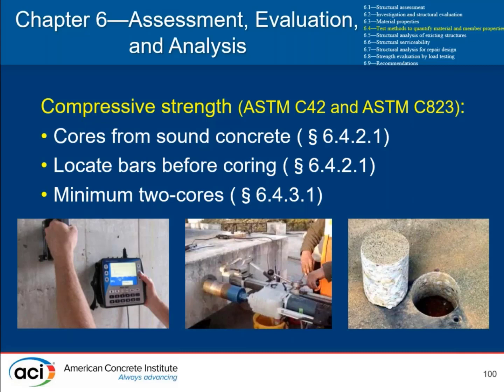Here are a few criteria from ASTM C42 and ASTM C623. We need cores taken from sound concrete. We need to locate bars before the coring, and we do need a minimum of 2 cores to constitute a core test.